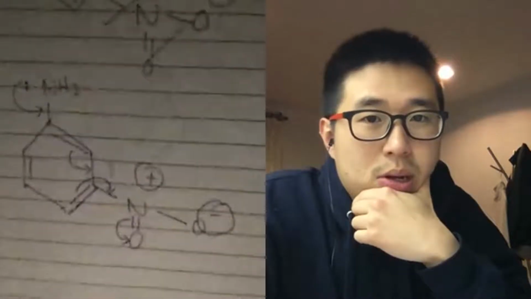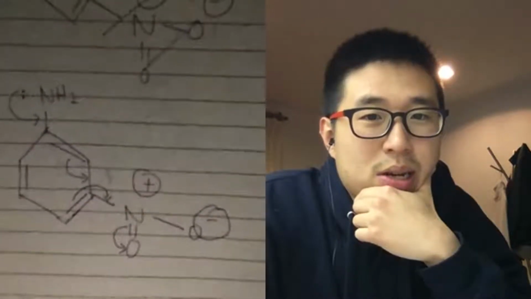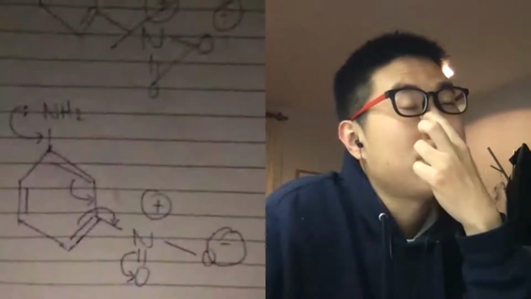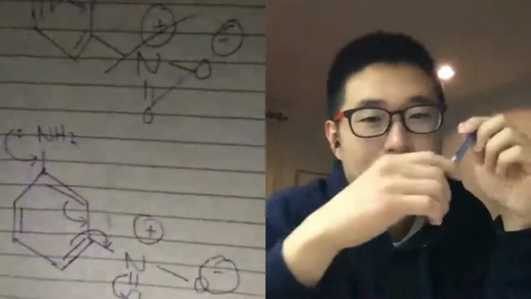Can you see? Lone pair donates. Nope, that is wrong. You should have gone the other way. On your benzene ring, use the one on the left. So push it to the left instead of to the right first. Follow your arrow. Instead of going to the right in the benzene ring, go left and then move it around.